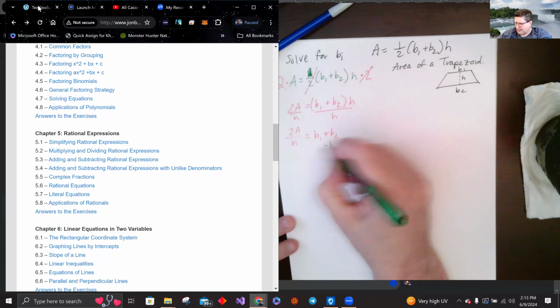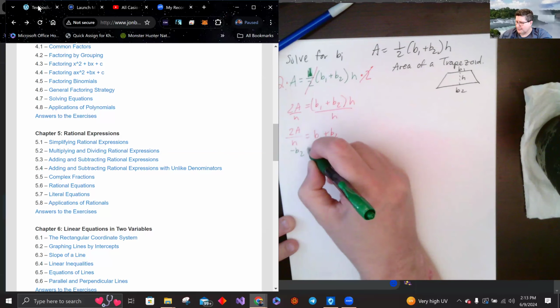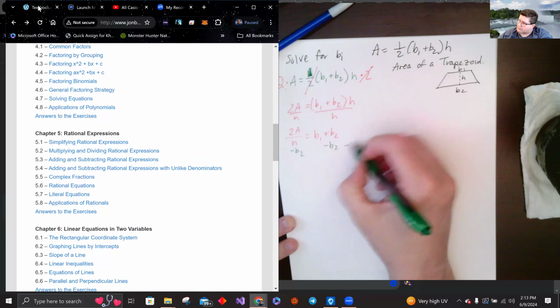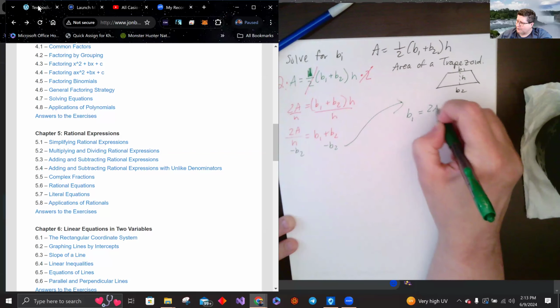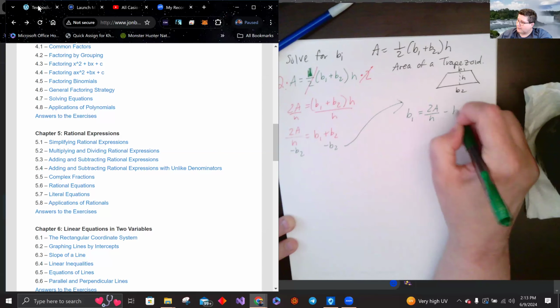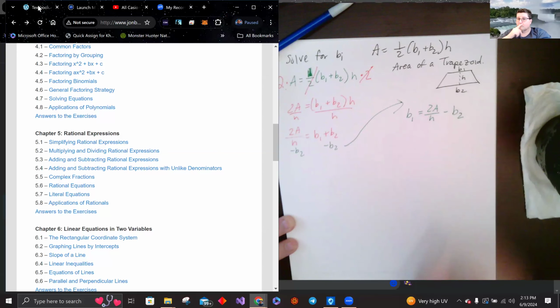We finish it off by subtracting B2 from both sides. And I get B1 equals 2A over H minus B2.